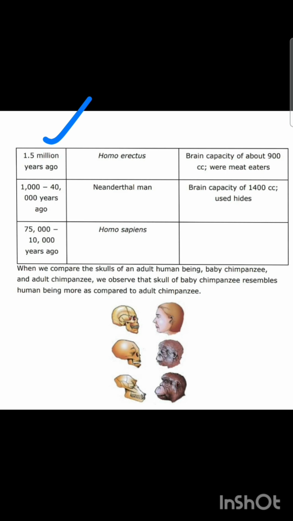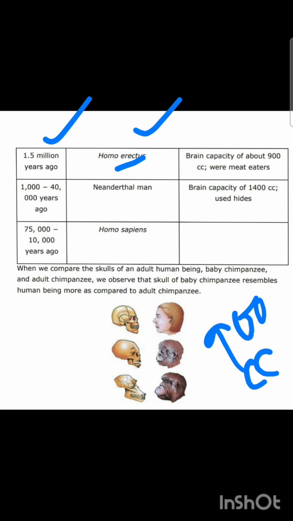Then 1.5 million years ago, Homo erectus appeared with a brain capacity of about 900 cc, and they were meat eaters. Then 100,000 to 40,000 years ago, Neanderthal man appeared, with a brain capacity of 1400 cc, and used hides.